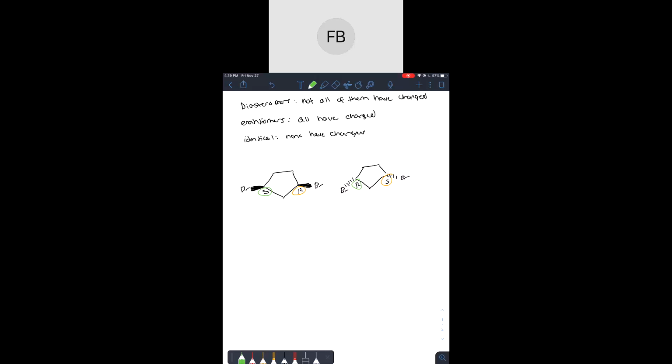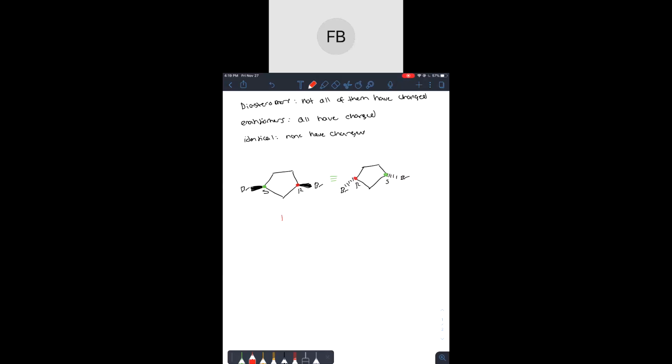But what we learned is that since there's a plane of symmetry, this is just the same molecule, but you're viewing it from behind. And so who's to say that this chirocarbon here that I'm drawing in green isn't also this one right here? And this one that I'm going to do in red is this one right here. Therefore, the R stayed the same.